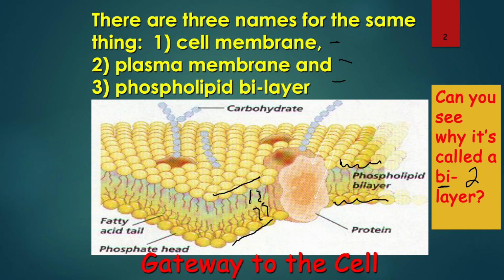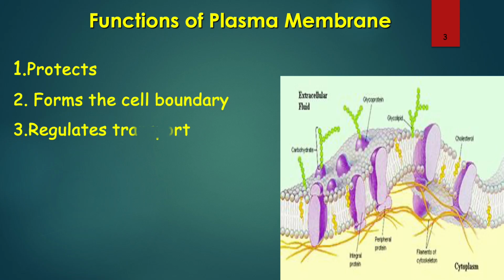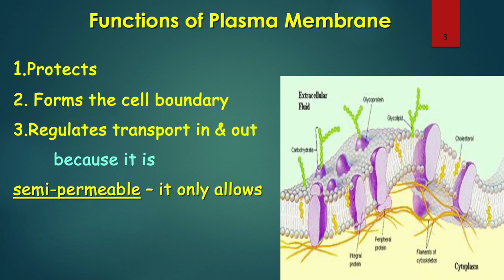The cell membrane is the gateway to the cell. In other words, the cell membrane is going to control what can go in and out of the cell. The functions of the plasma membrane, it's designed to protect the cell. It forms a boundary around the cell, and it regulates the transport of substances in and out of the cell.